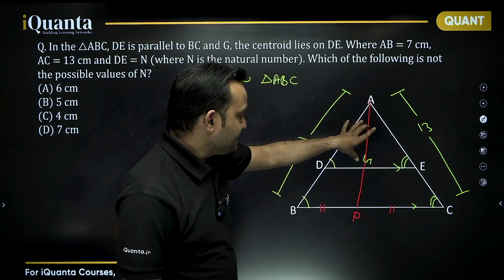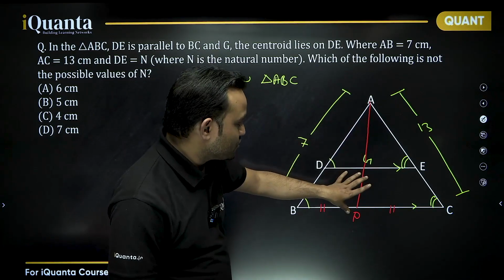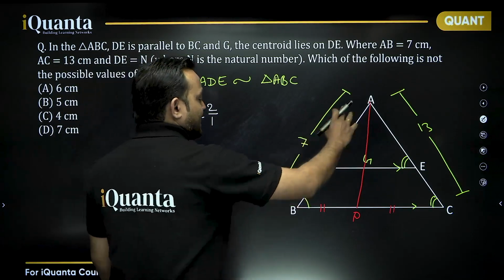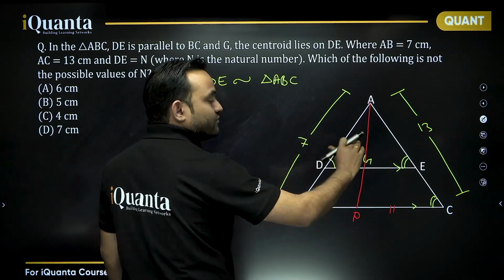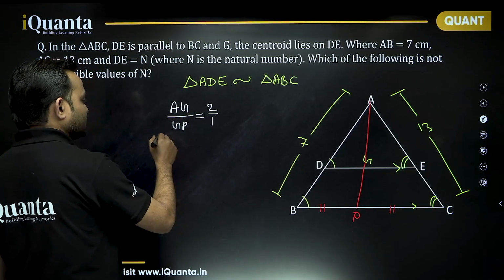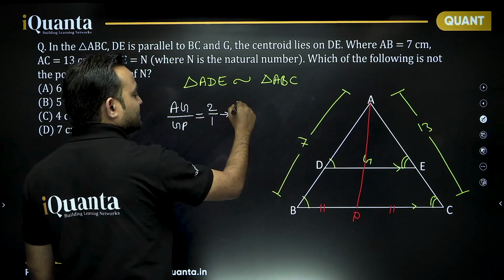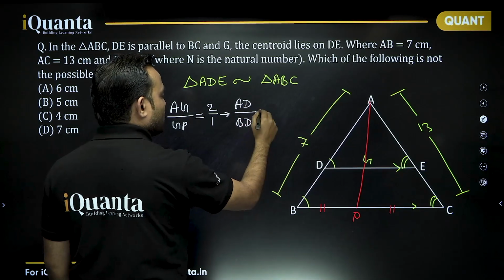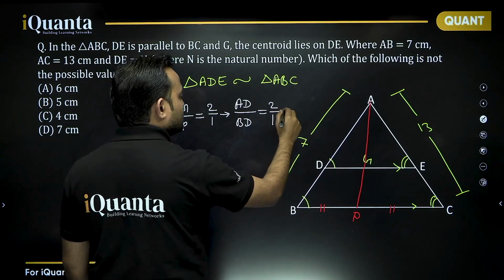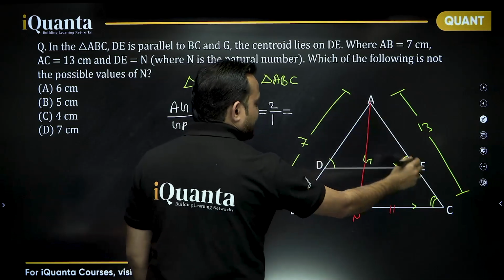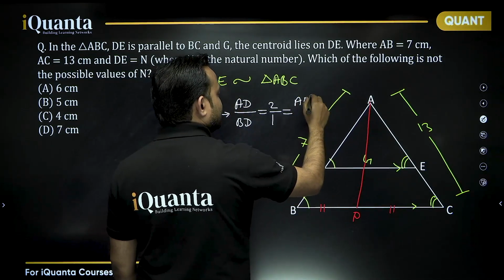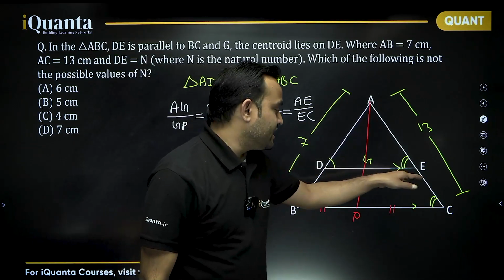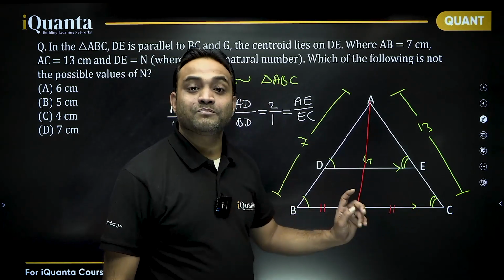So AG to GP is 2:1. Can we say that AD upon BD will also be 2:1, which is the same as AE to EC, right? Because lines DE and BC are parallel.